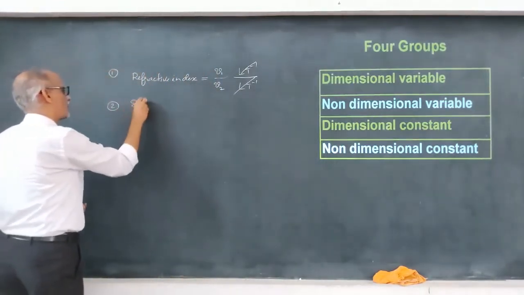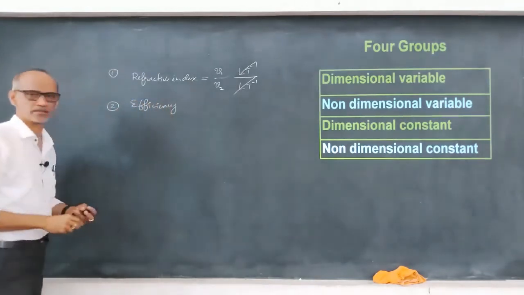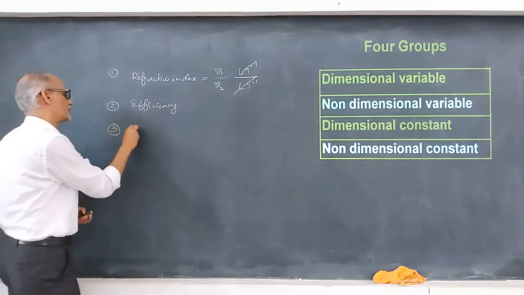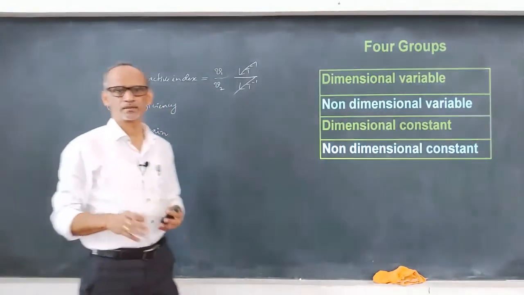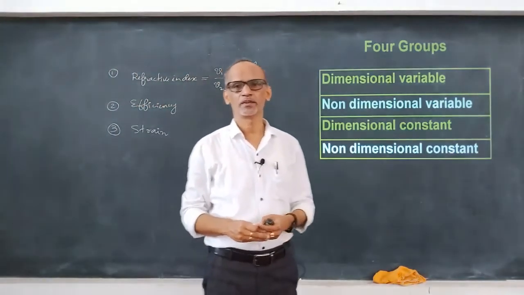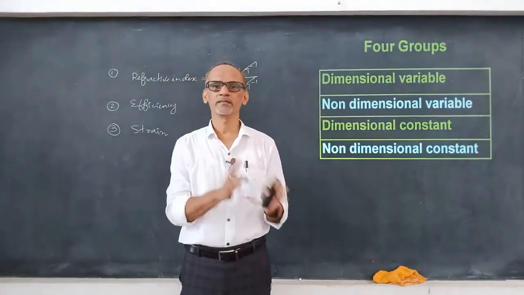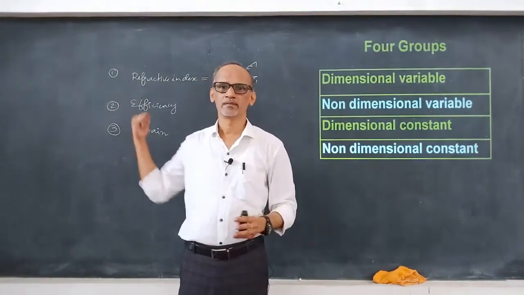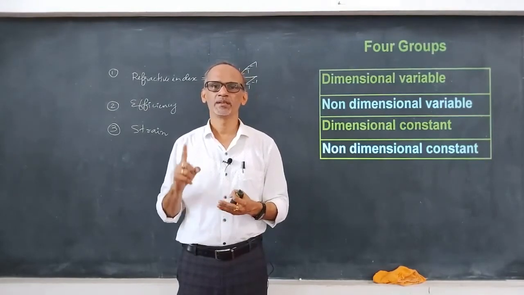The second one, efficiency, is another. The third one is strain. Later I will explain what it actually means. So these are the three examples for a non-dimensional variable: refractive index, efficiency, strain.